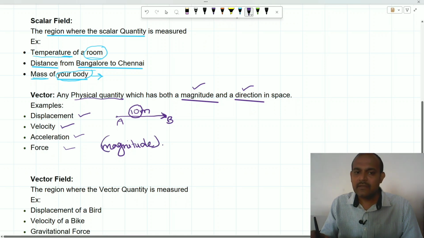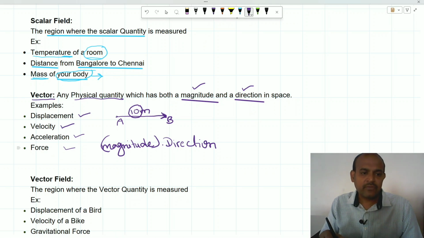Such physical quantities we call vectors. We have many such examples, few are listed here. You will understand vectors better.